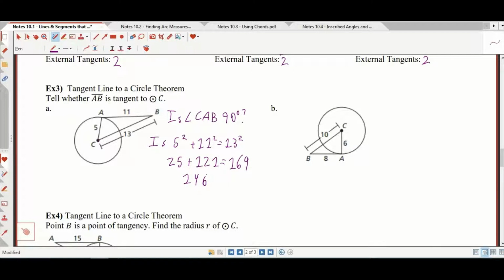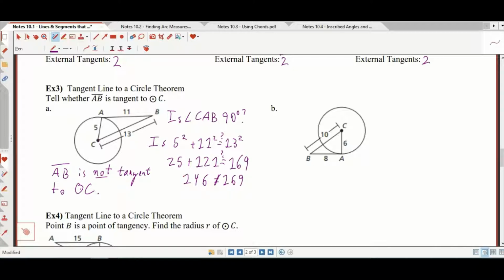And is 146 equal to 169? It most certainly is not. In fact, it's too little. So this is, just as the picture says, an obtuse triangle, which means that AB is not tangent to circle C.